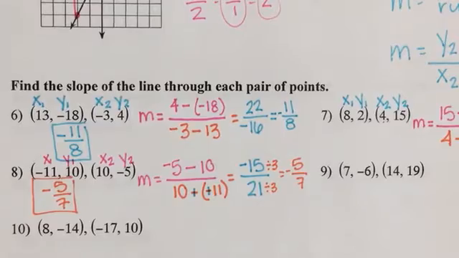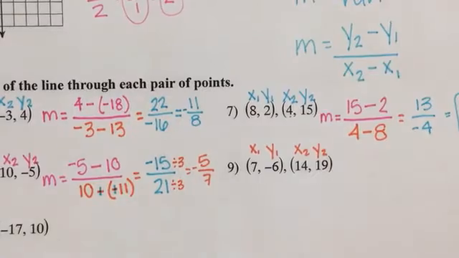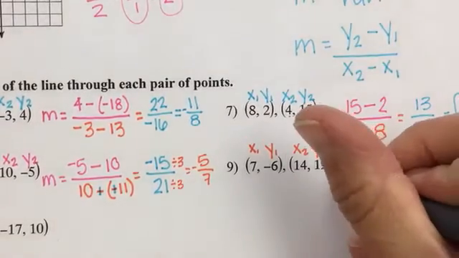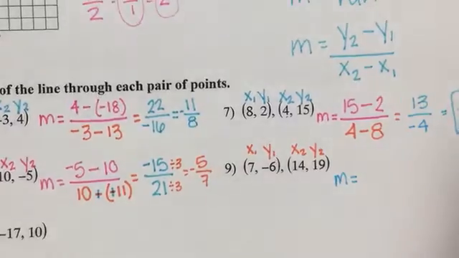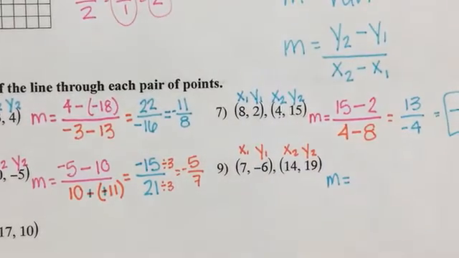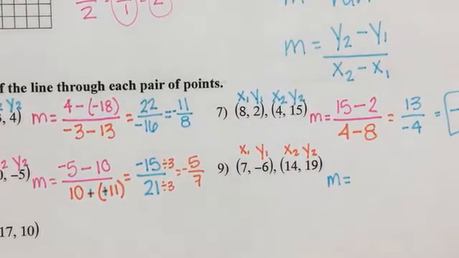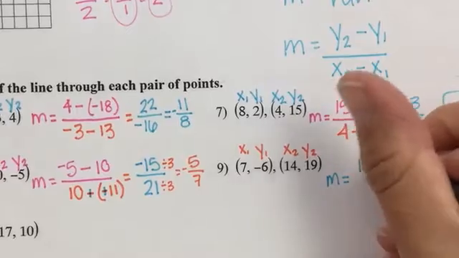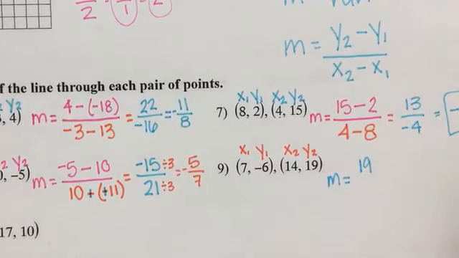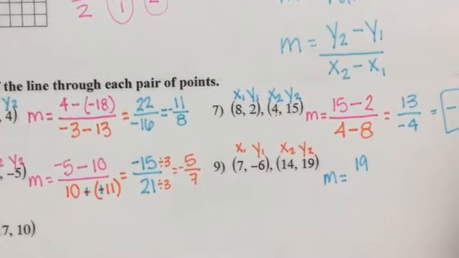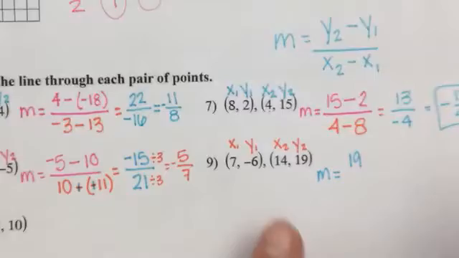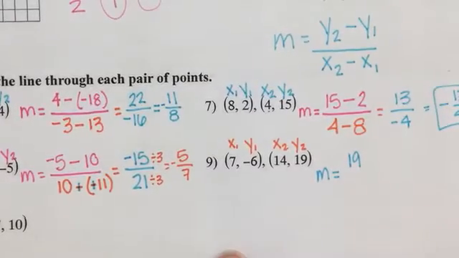Okay, so if you look at number 9, Gracelyn, what is my Y2? 19, awesome. Eli, what is my Y1? Your Y1 is negative 6.